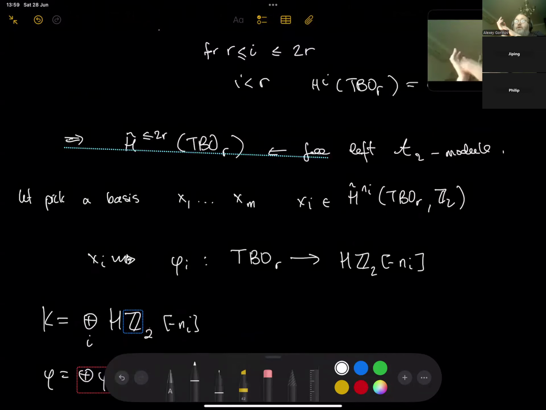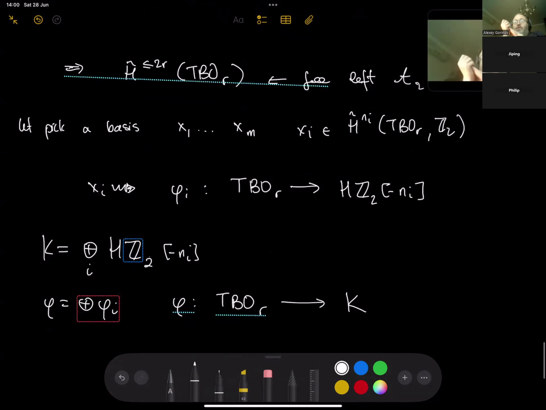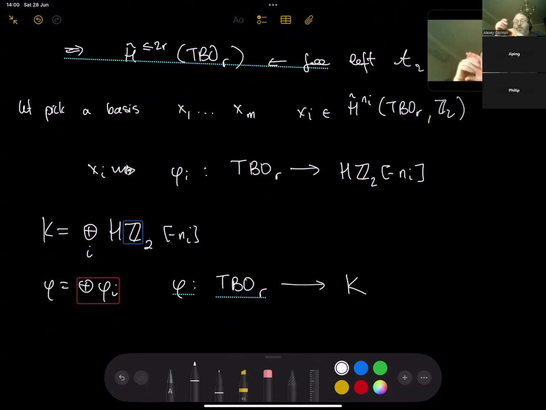Well, there are finitely many of those, and then we take this K, and everything depends on R. If we increase R, we will get more summands in this sum.